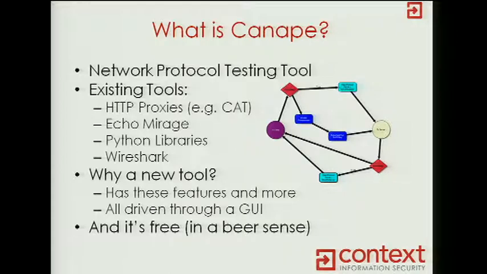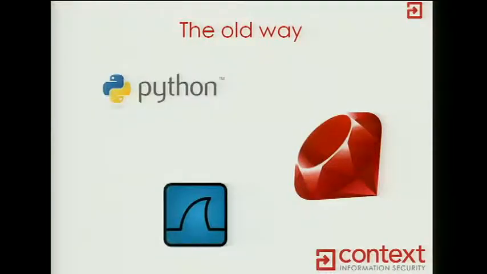So the reason I wrote Canapé was I kept going on jobs on site somewhere, finding that I had some sort of bespoke binary protocol, fat client, client-to-server type protocol. And every single time I went there, I'd have to write some sort of application, because even if you're using a library to do your protocol analysis, you generally still have to write the socket server, or you may have particular criteria you need to meet.